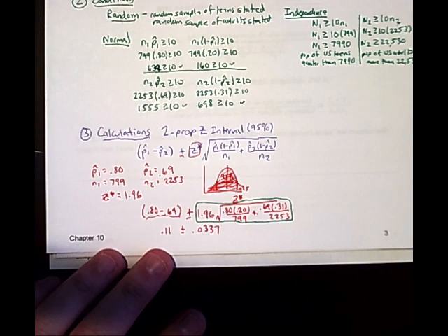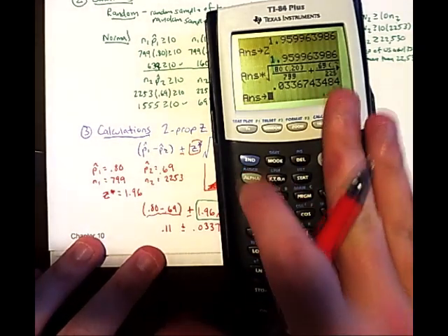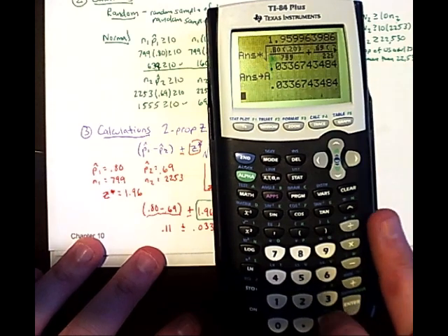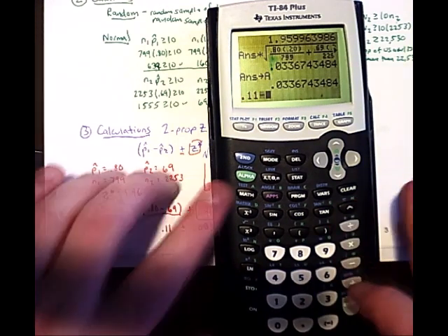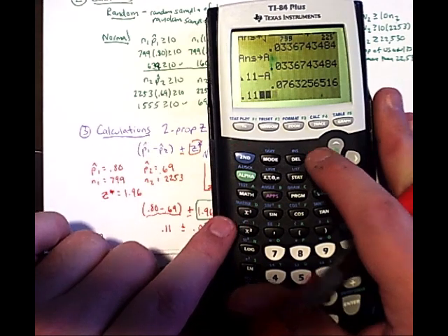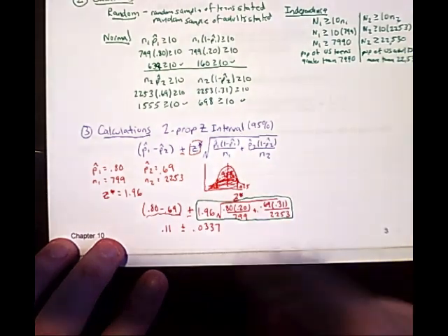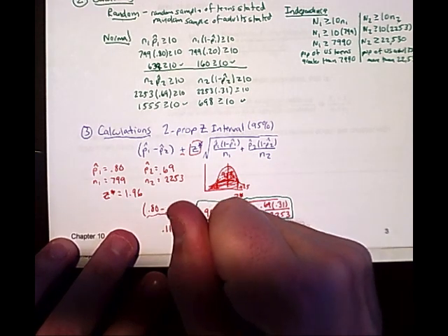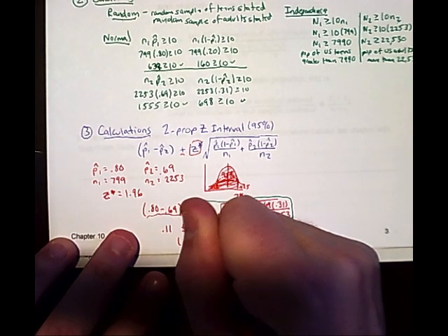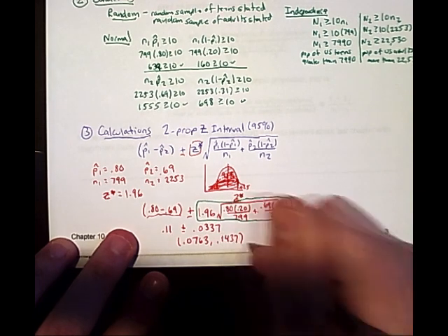I can store that as some other letter if I want. So I can do 0.11 minus a, and I can do 0.11 plus a, and that would be the range of my interval: 0.0763 to 0.1437.